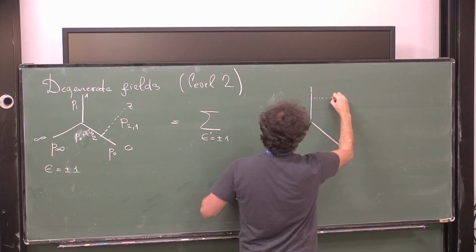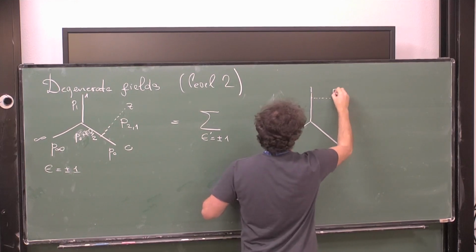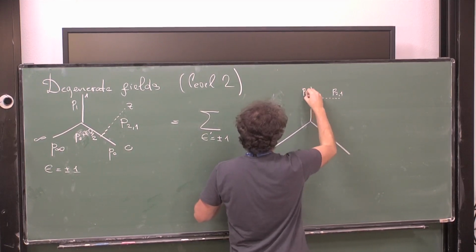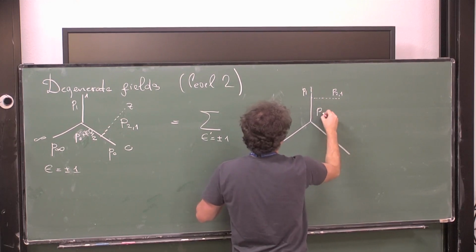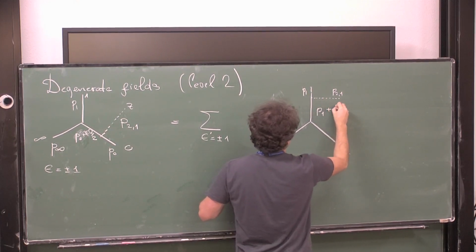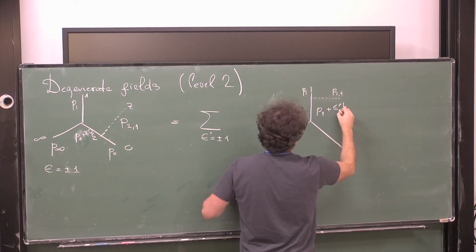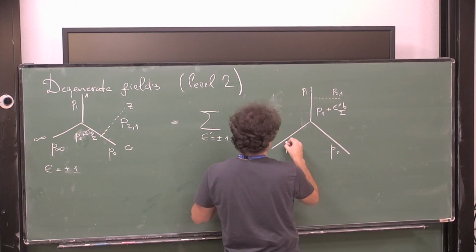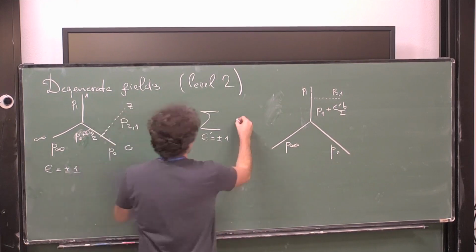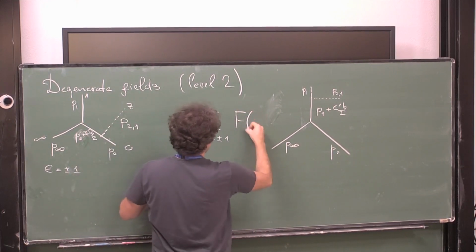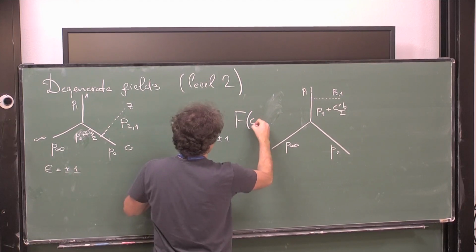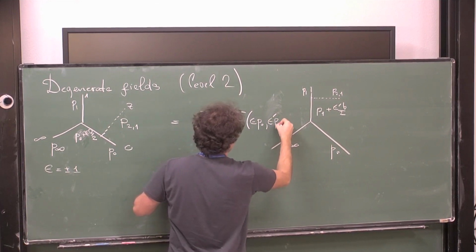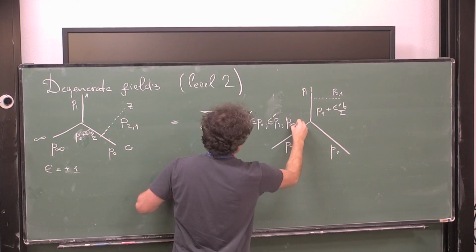and then it should be a linear combination of conformal blocks where we have this degenerate insertion on the other leg, P1. We have here two possible dimensions, P1 plus epsilon prime b over 2, and here we have P0 and P infinity. Okay, and this holds with some matrix here, F epsilon epsilon prime of P0, P1, P infinity.